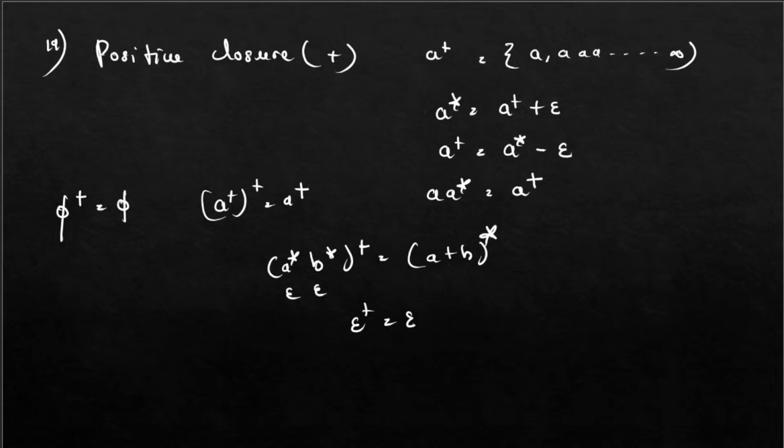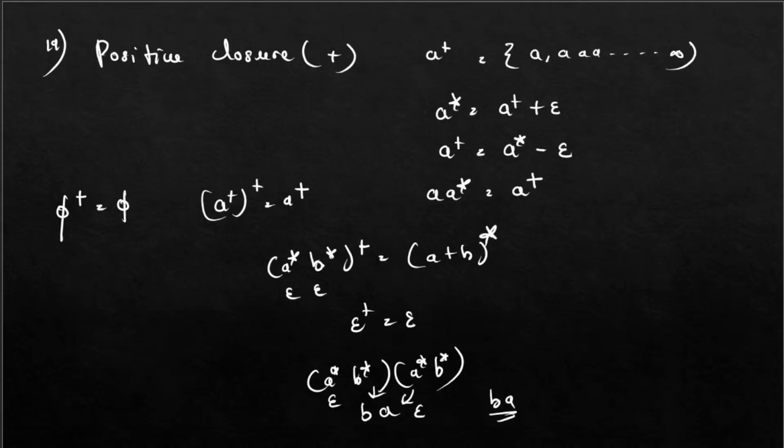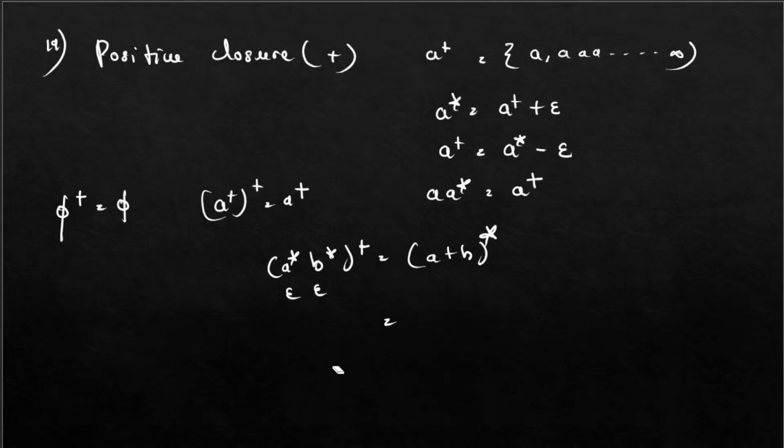We can generate BA also from this. Let's say I have taken like this, so I want to generate BA. So this will be phi, this will be B. After that, this A will be there from here and this will be phi. So it is generating the complete language, right? So that is how you all can check.